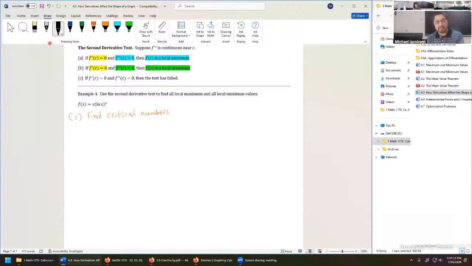A lot of the procedures in this chapter when it comes to optimization are about those critical numbers. So step 1 is to find critical numbers. Really, we're just solving that equation where the derivative is 0 or does not exist. So compute f prime at x to get started, which means we're differentiating that function. That's a pretty tricky derivative in its own right. That one's going to require the product rule.